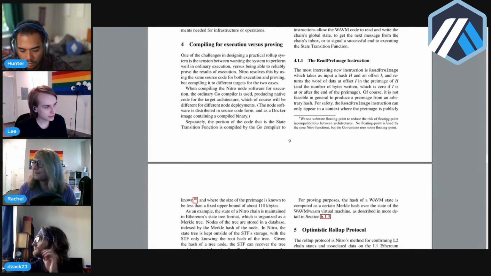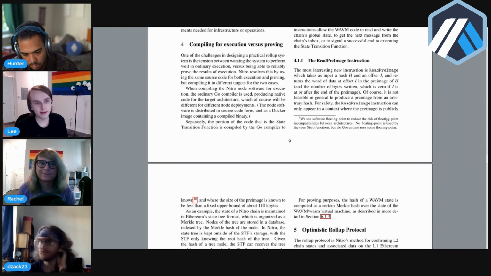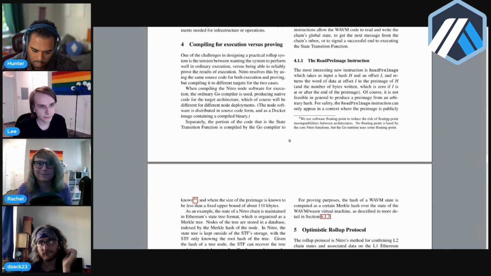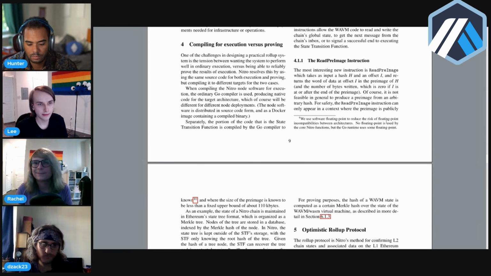But what the read preimage does is it assumes that everyone already knows the inputs to the hash. And why it assumes that is because everyone was already executing previous blocks and building state, and they should already have these blocks, for instance, saved in their database.